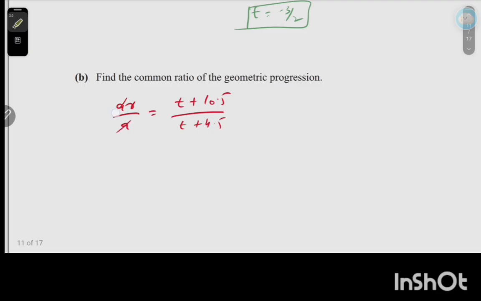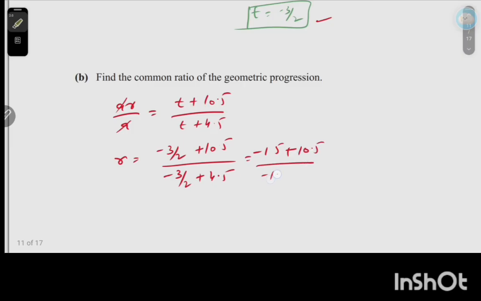The t value is minus 3 by 2, so minus 1.5 plus 10.5 over minus 1.5 plus 4.5. Solving, that is 9 over 3, so 3. We get the answer of this question.